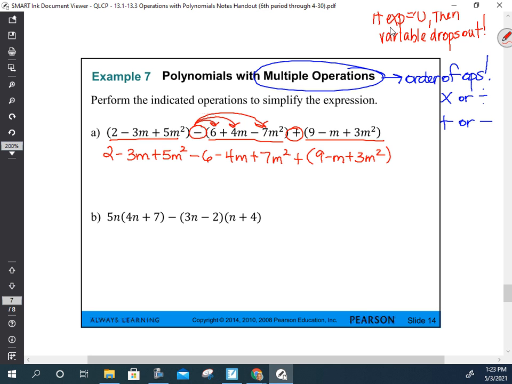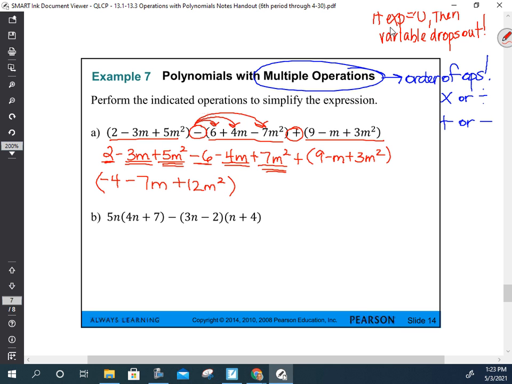So we combine our like terms. 2 goes with the minus 6, that's negative 4. Negative 3m minus 4m is negative 7m. 5m squared and 7m squared is 12m squared.